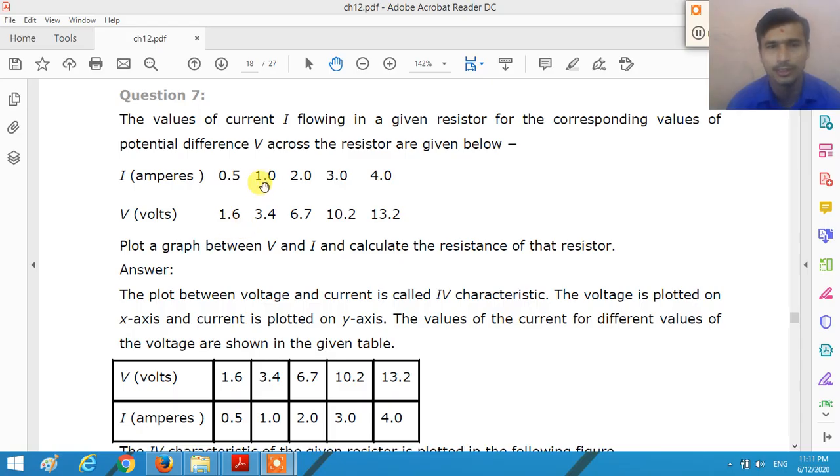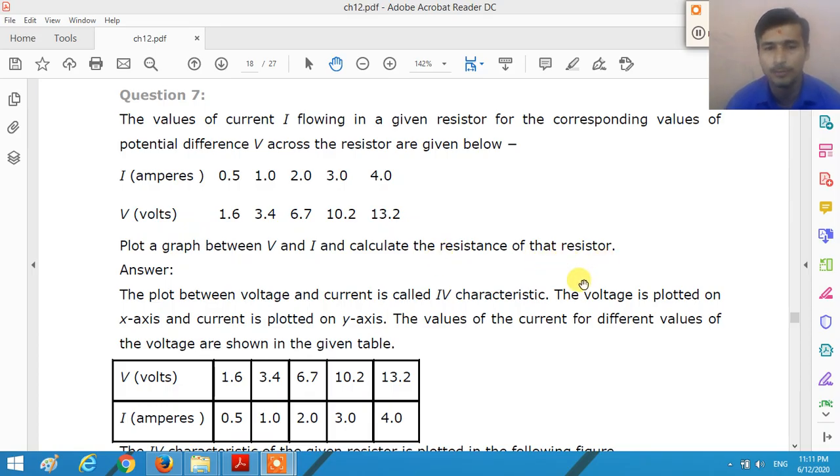The current is 1 ampere when the potential difference is 3.4. The current is 2 ampere when the potential difference is 6.7. The current is 3 ampere when the potential difference is 10.2, and the current is 4 ampere when the potential difference is 13.2. Now plot a graph of V and I and calculate the resistance of the resistor.